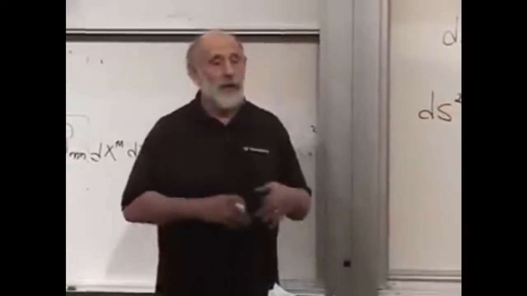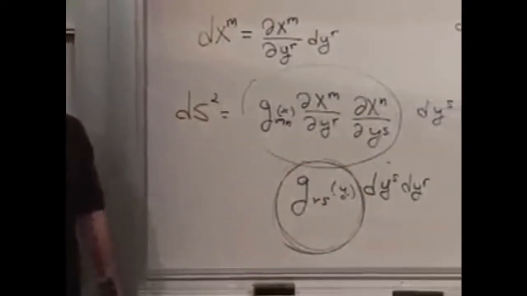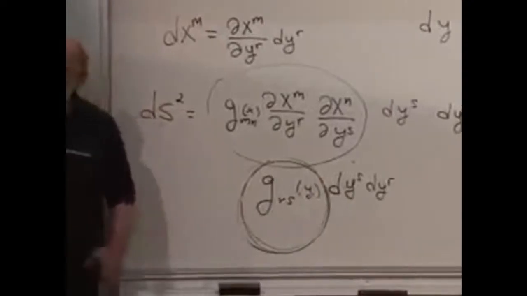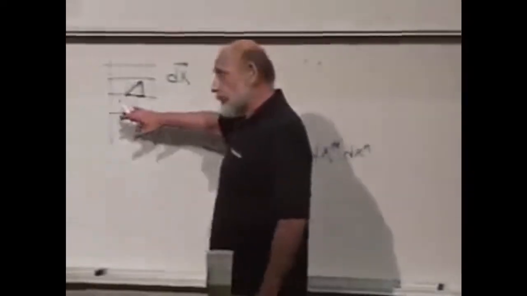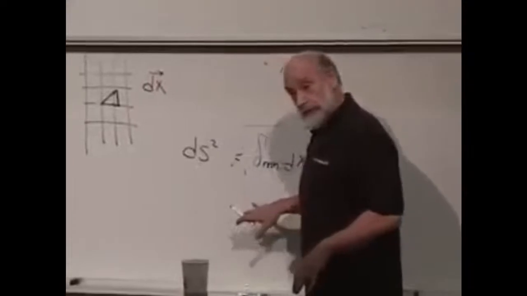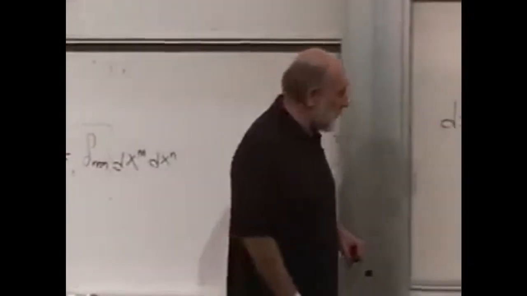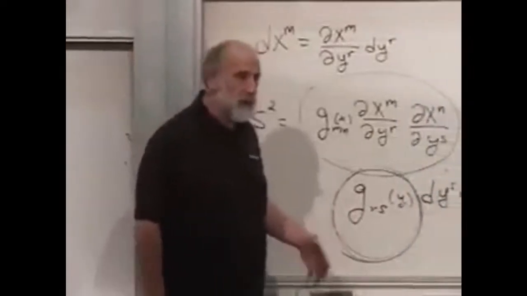It means that you may have chosen complicated curvilinear coordinates, but there's no obstruction to straightening out those coordinates and writing it in the form of flat space. That's the definition of a flat space, a flat Riemannian space.